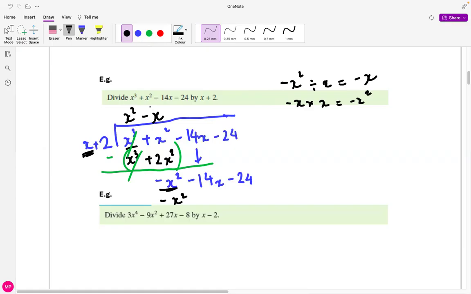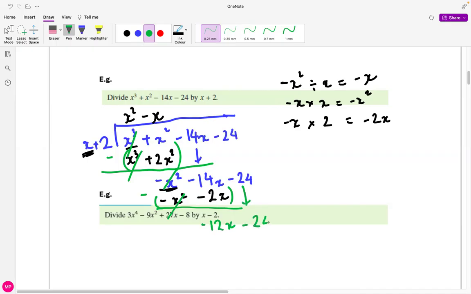Negative x times 2 is negative 2x, which you write underneath. Then you put the minus in between them and subtract again. Negative 14x minus negative 2x is negative 14 plus 2, which is negative 12x, minus 24.